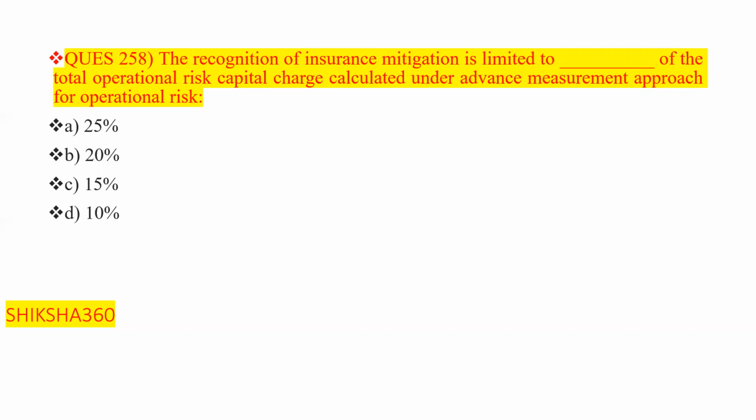Students who attended yesterday's session will know this point. Even you are not answering, so please focus. So option number B is the answer, that is 20%. I request all of you, please go through the video once again after attending the session so that you are able to remember the points.